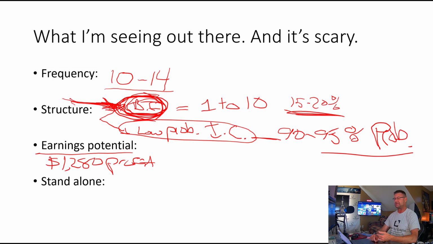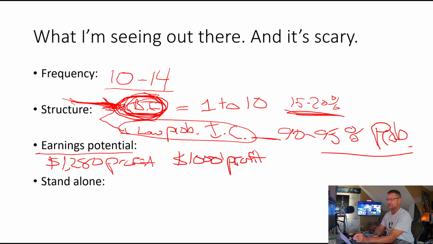There's no guarantees, but I will tell you that we can see with a credit trade, before you even put a trade on, what the potential of our trades are. And the potential for our 0DTEs is $1,000+ of profit a day.